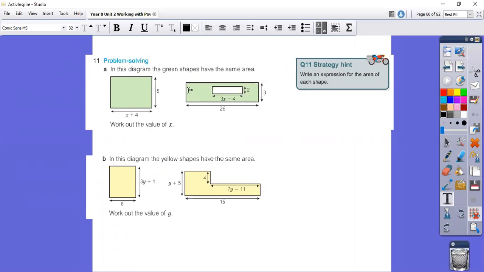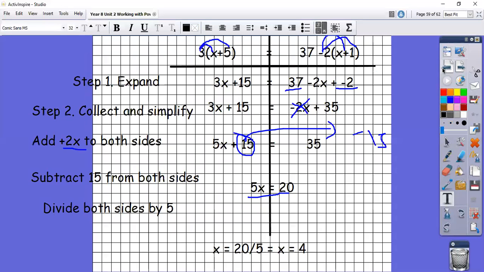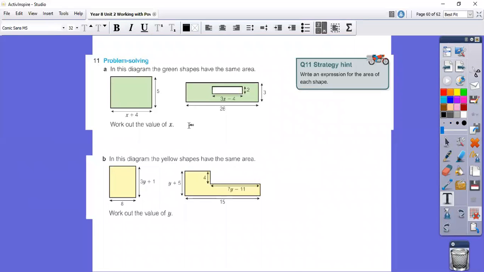In this question, you would do the length times the width for the green rectangle, then do the area for the white rectangle, and subtract the area of the white rectangle from the area of the green rectangle to work out the value of x. And then write expressions, so the area for each shape, like I said, and then solve it, set it up like an equation like we did here, and then do the steps to work out the value for x.